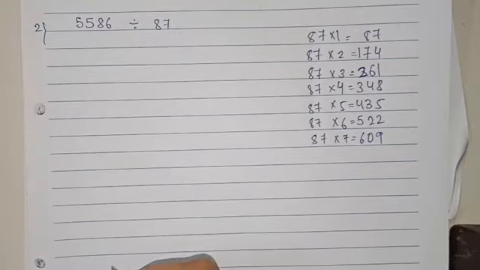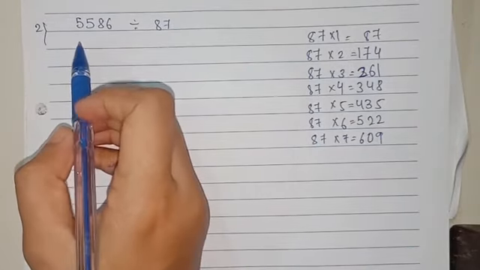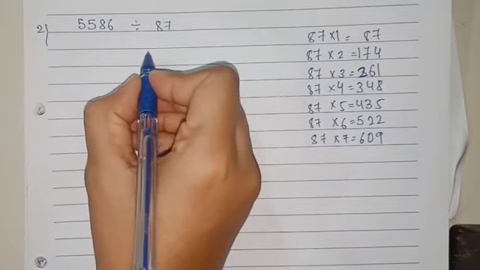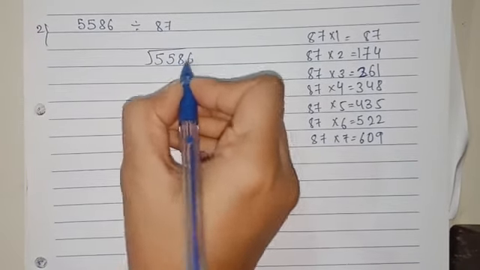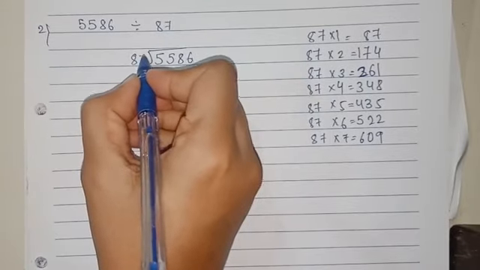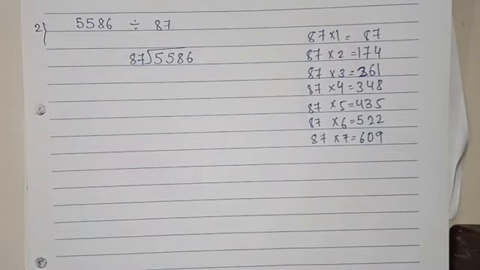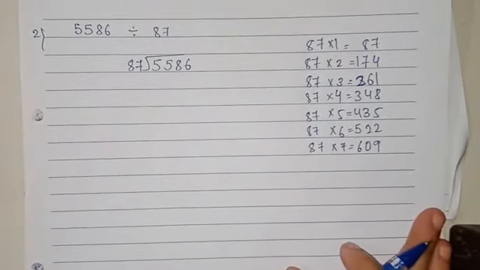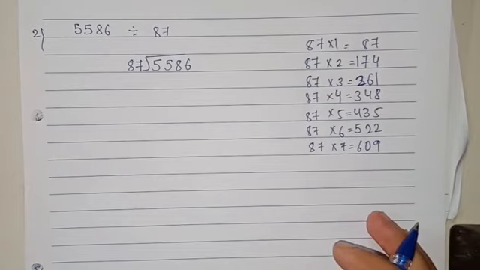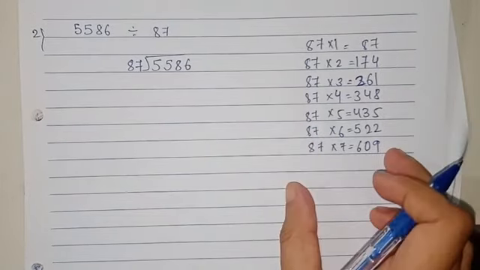Now question number 2. Question number 2 is 5586 divided by 87. Okay, now again we don't know the table of 87, right? So first we will prepare the table of 87 like this.